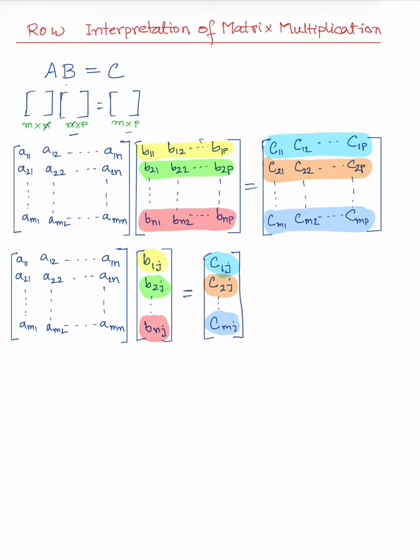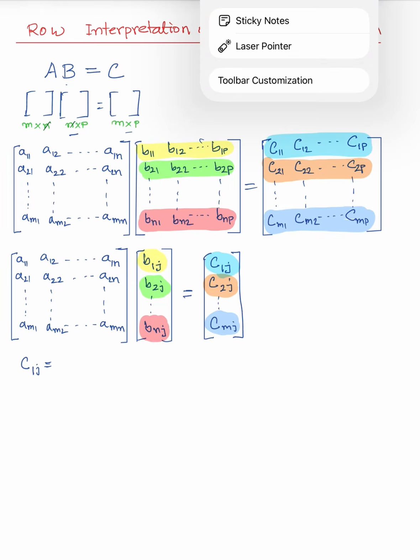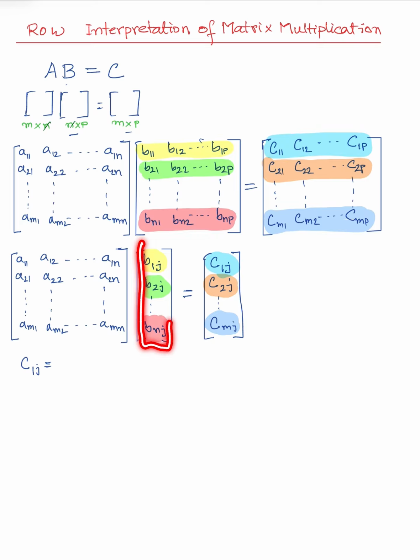All right, so now that we have this, we can express the elements of matrix C in terms of the rows of matrix B. So our C1J is going to be, and one thing to notice here is that the number of columns here is n, and the number of rows here is n.